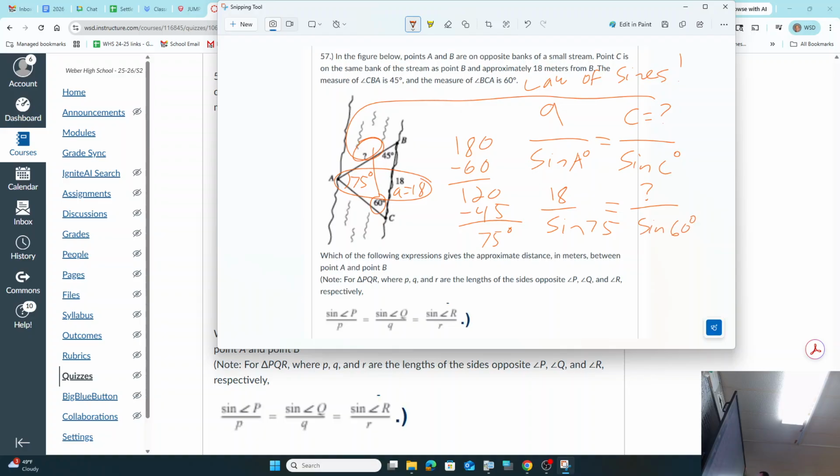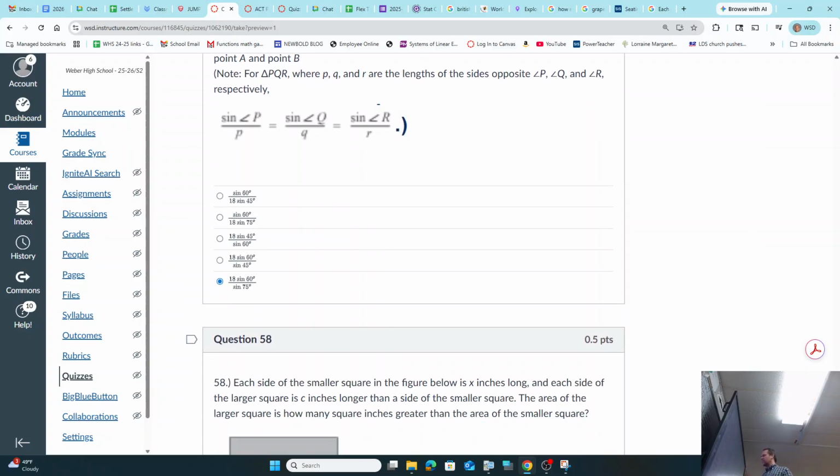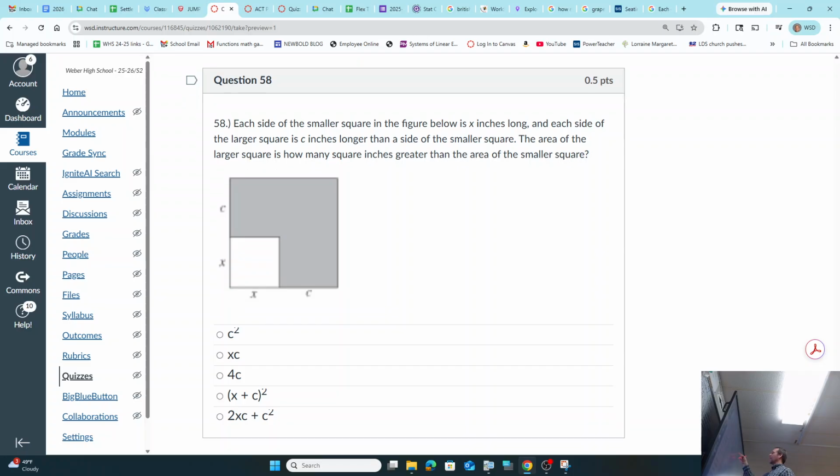Okay, so we're just basically going to multiply sine 60 to the other side. And that's our answer. So 18 sine 60 divided by sine 75.